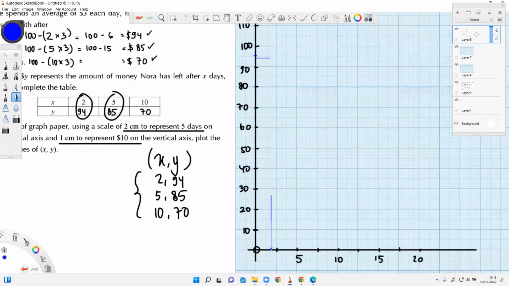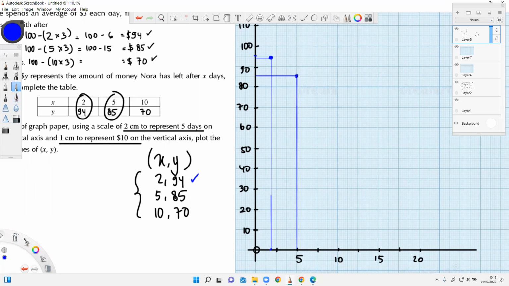Okay, let's see, pull a straight line, another straight line. We get the meeting point here as (2, 94), done. Okay, now (5, 85). Very simple. X is 5 here, right? We just go straight. And 85, you stop here. Understand, guys? Okay.